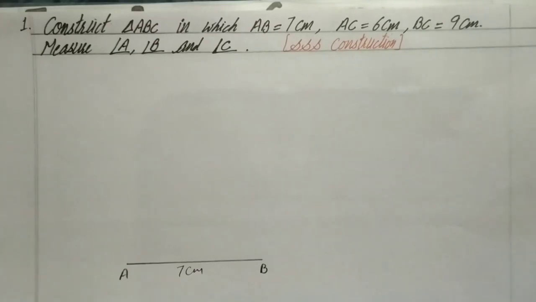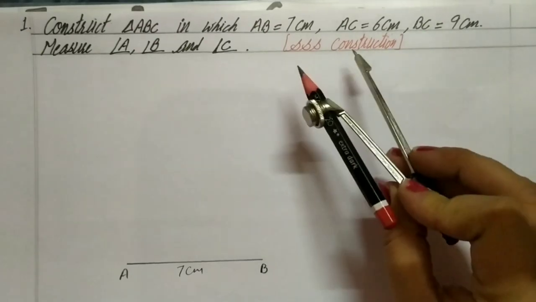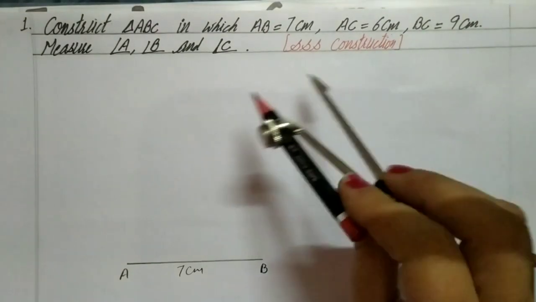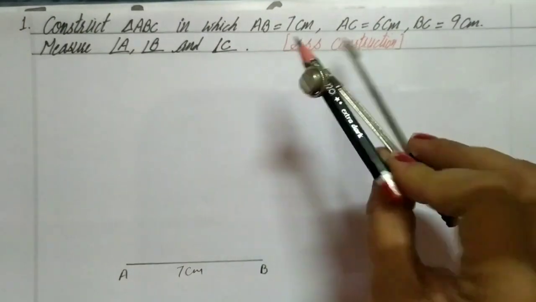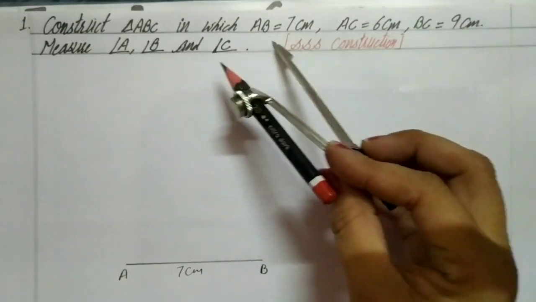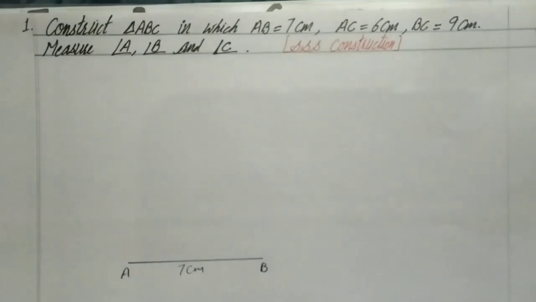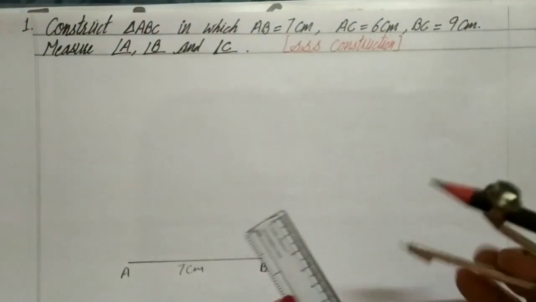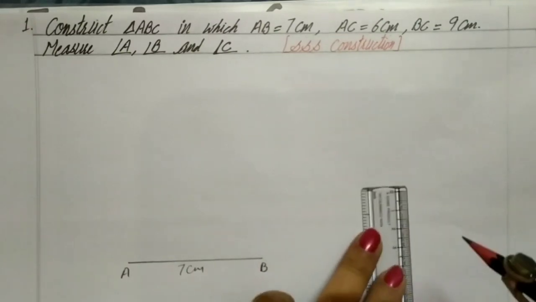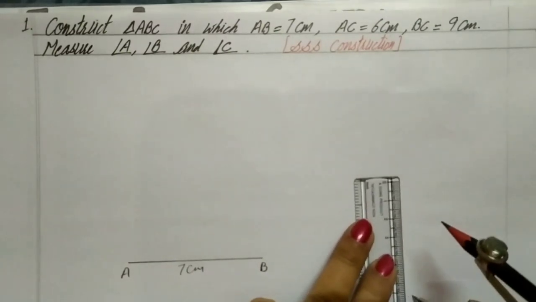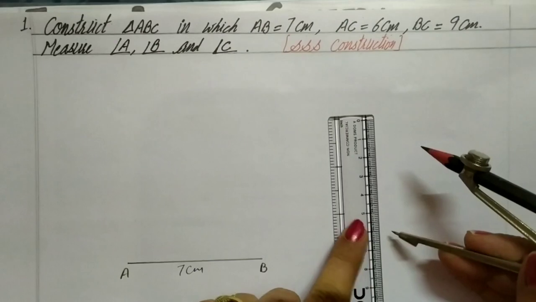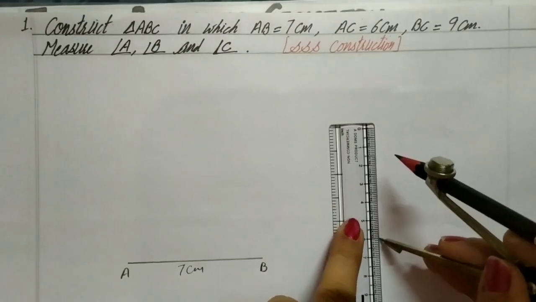Now the second side is AC, 6 cm. Among AB and AC, A is common, so we'll put the pin of our compass at point A, and before that open your compass to 6 cm. This is the way to open the compass 6 cm.